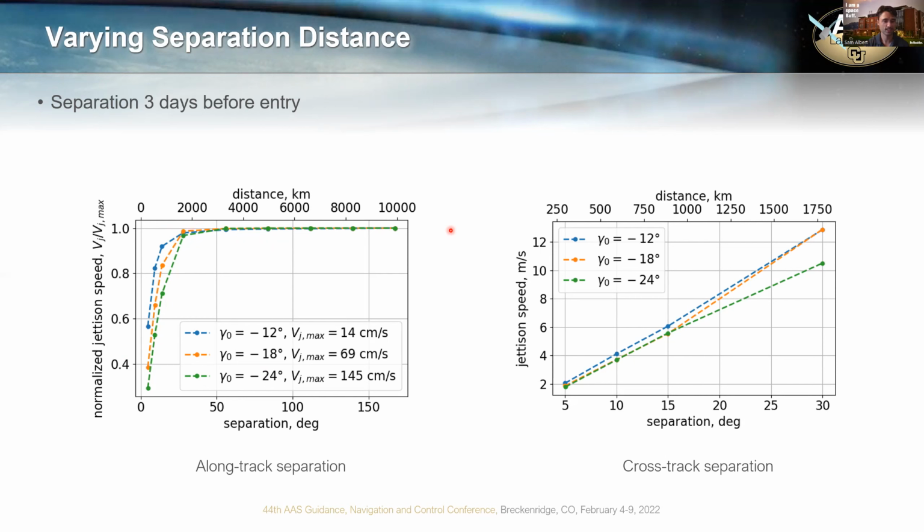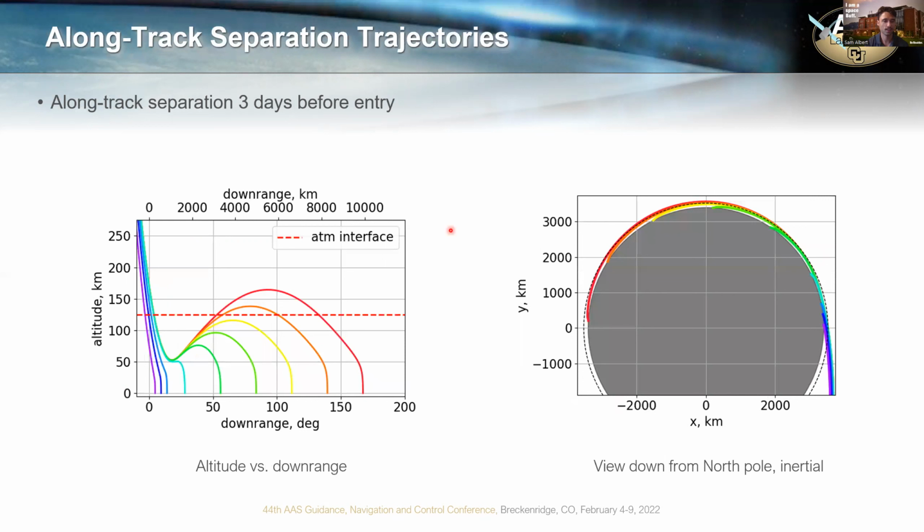But because that's a little bit counterintuitive, let's look at the trajectories themselves that we're generating for these along track separations, or in other words, they're extending further and further in the downrange direction. So we're showing altitude versus downrange here, and we're showing to scale in the inertial frame here, kind of looking down at the plane of motion. We can see that for the first few trajectories, they're just incrementally offset. They're getting a little shallower in entry flight path angle for the probe itself.